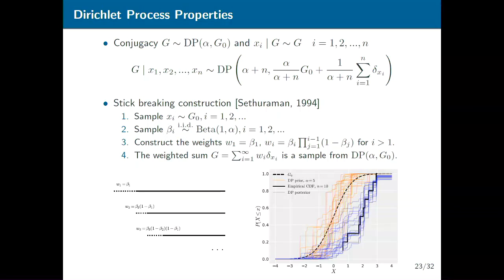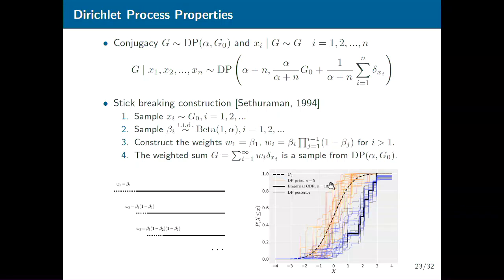You start off with a stick of length 1. The first weight is the first beta random variate, and the second weight is the second beta random variate times whatever's remaining. You keep going like this, and each time you are essentially peeling off a little bit of the stick. That's where the name comes from. When you take the weighted sum of all of these, that will be a sample from a Dirichlet process.